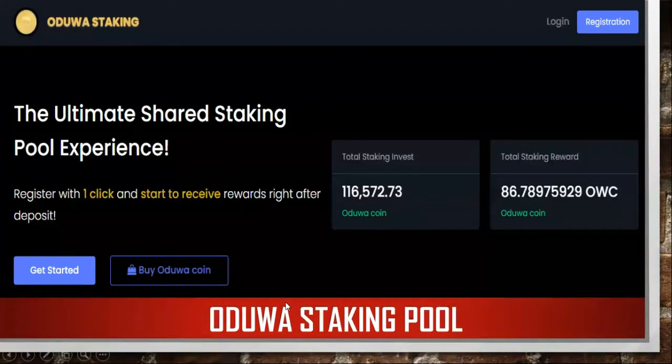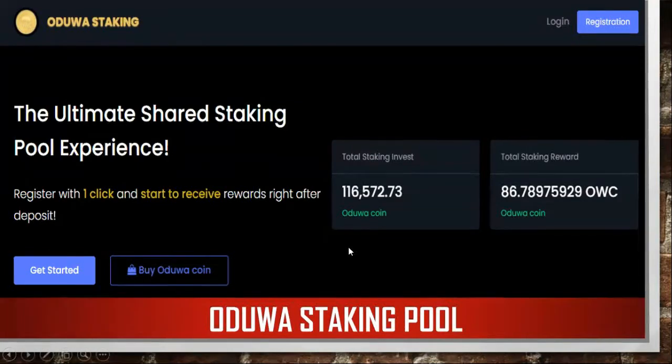And so we also have a staking pool. Now, for those that are new to cryptocurrency, to stake cryptocurrency means that you send, or you can buy OduwaCoin on the staking pool using your debit card, and then keep your OduwaCoin there, and it will start earning for you, and you start getting rewards paid to you in OduwaCoin.